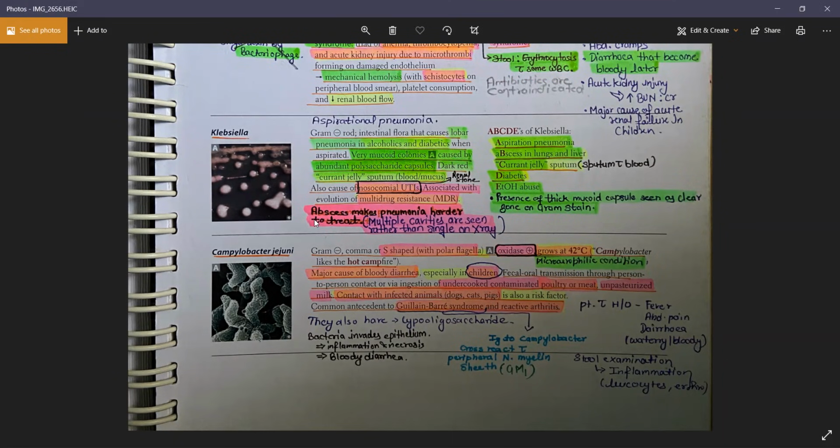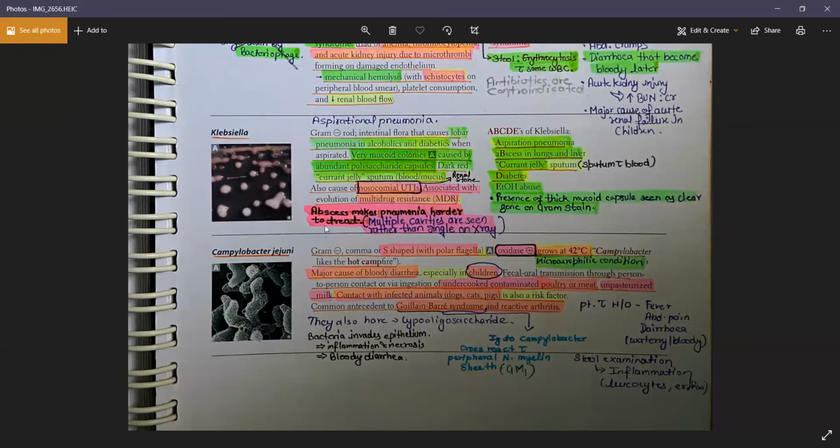And along with the aspiration pneumonia, you will also get abscesses. Why? Because you aspirate the oral contents, you will also aspirate some other anaerobic bacteria along with the aerobic bacteria, and these anaerobic bacteria will also cause abscess formations.